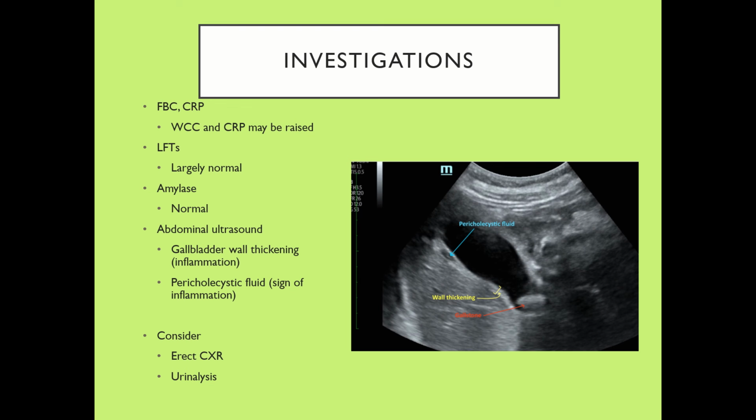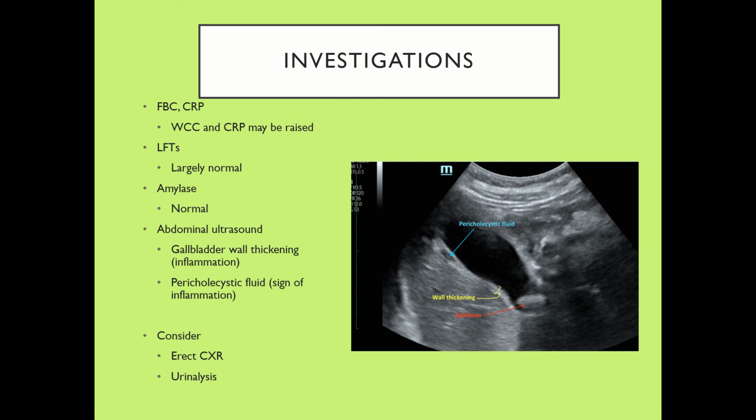Okay, so investigations. You might see signs of infection on the bloods, i.e. a rise in white cells and CRP. The LFTs you would expect to be normal, because at this point the gallstone isn't obstructing the biliary tree. There's not any kind of backlog of bile, and that's what causes LFT derangement or an obstructive picture on LFTs, which we'll go into a bit later.